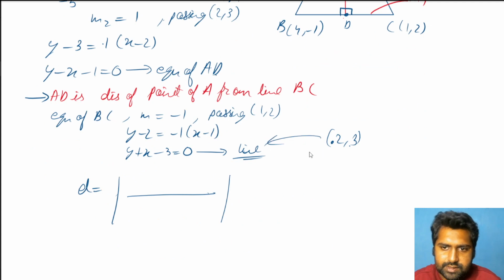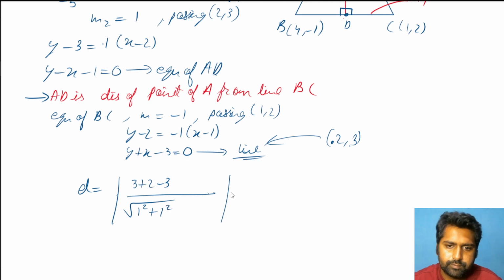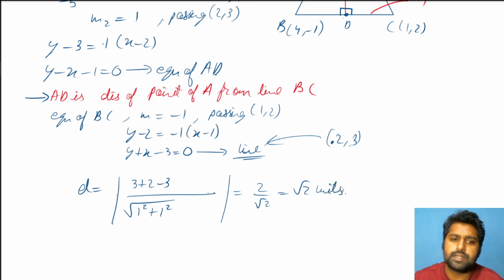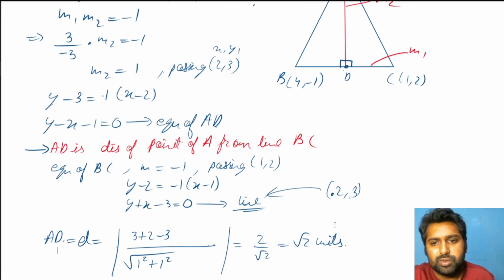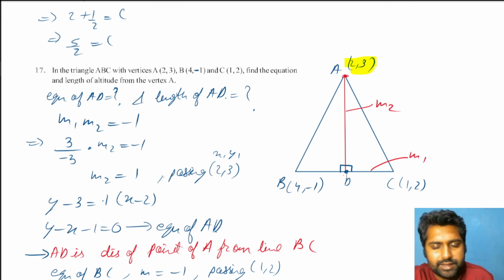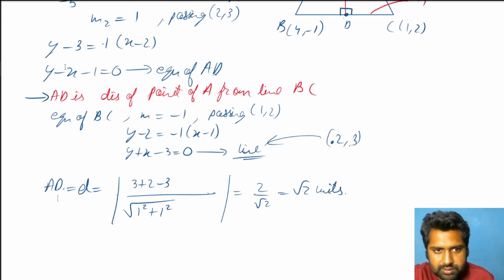We have to calculate the distance, so put 2 comma 3 in this equation, so 3 plus 2 minus 3 upon square root of coefficient of x squared plus coefficient of y squared, so that's coming 2 by root 2, that's root 2 units is the distance. Okay, and that effectively was your AD. So I have discussed two approaches. One was lengthy, foot of perpendicular, very lengthy approach, but the other one you have to think about it.